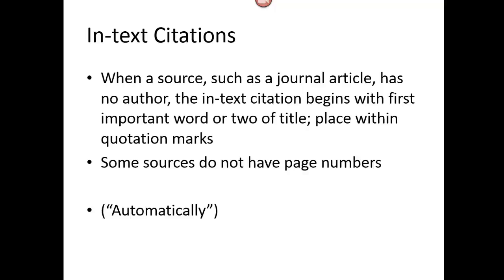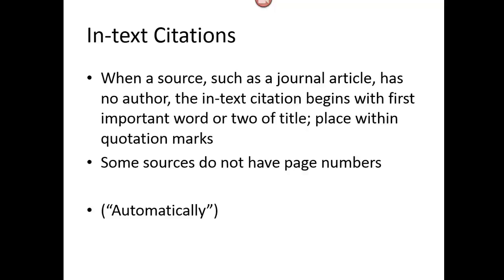And if you turn over to page 440, you will see that that is the third source listed on the works cited page. Now, automatically is not all of the title of this article, you'll see that this is just one word, and that's all you need in this case to get the reader to the right source on the works cited page.